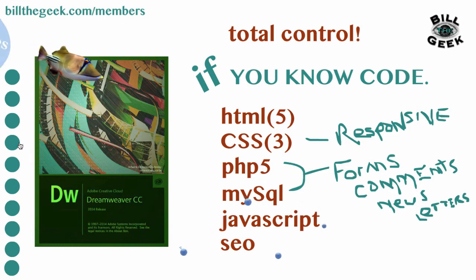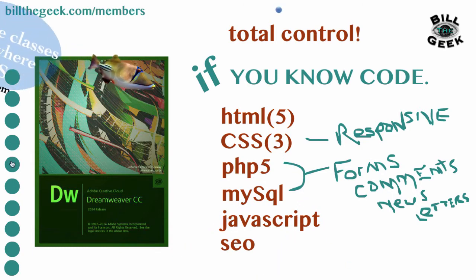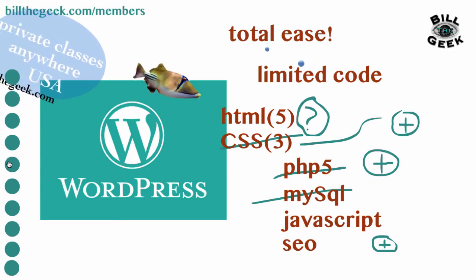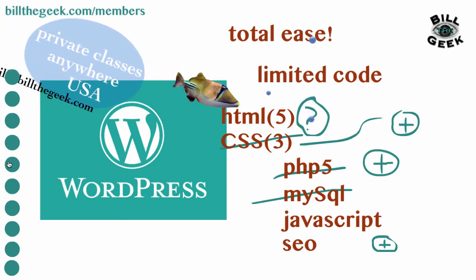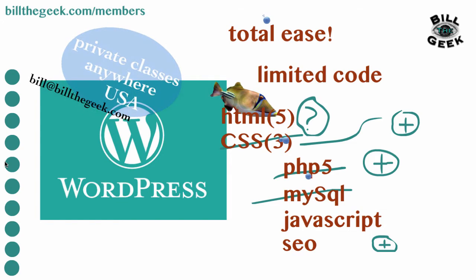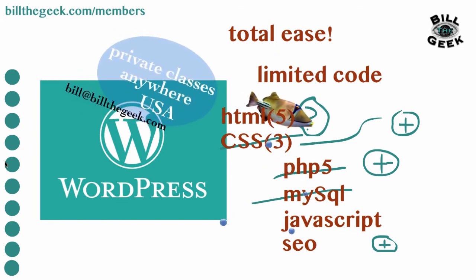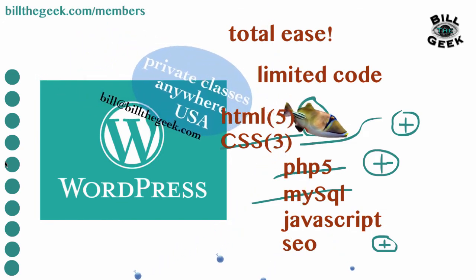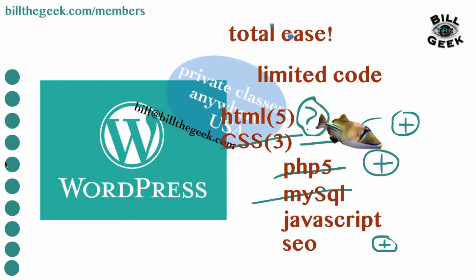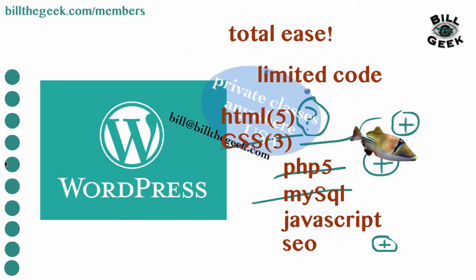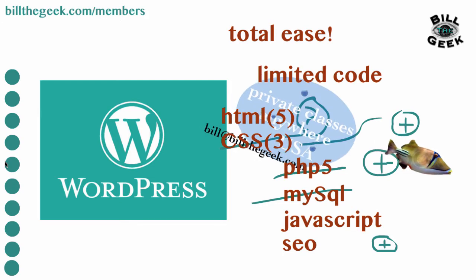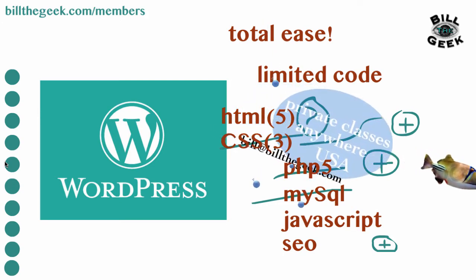Now, let's move along. In WordPress, you don't have as much control. When I say you don't have as much control, in WordPress, you're going to start out with a theme, and we go in depth into that in a couple more videos.